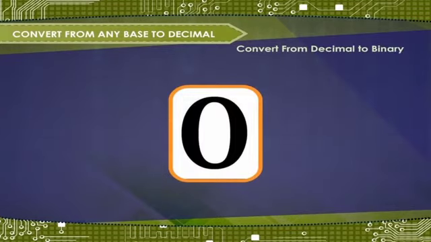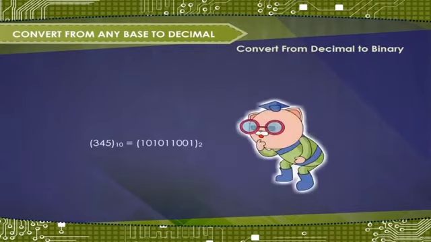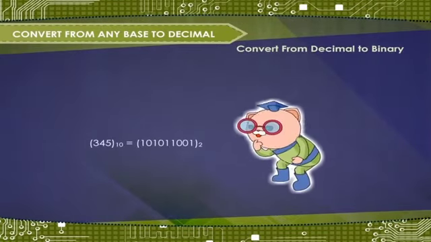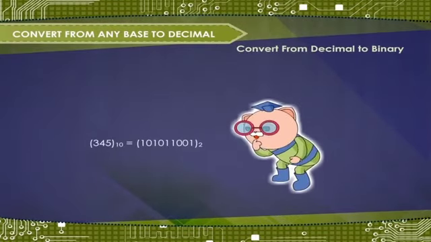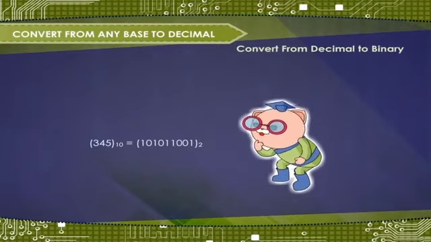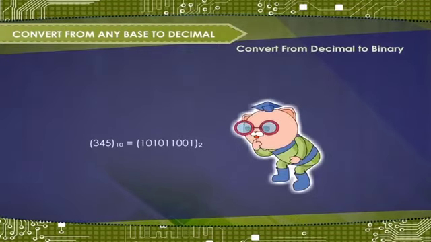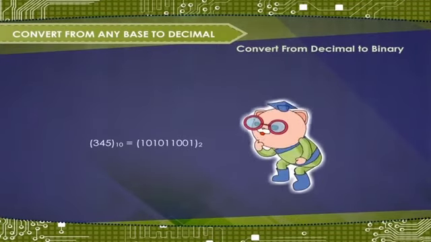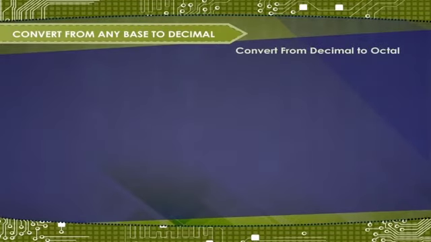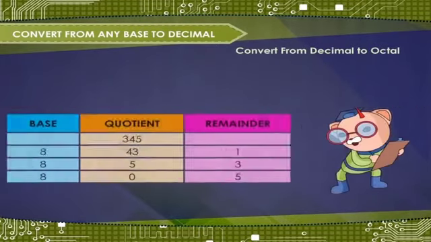Write the remainders in reverse order, as shown before representing the decimal notation. So the answer is 345 base 10 is equal to 101011 base 2.